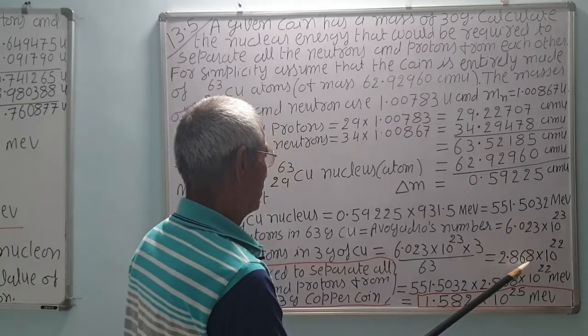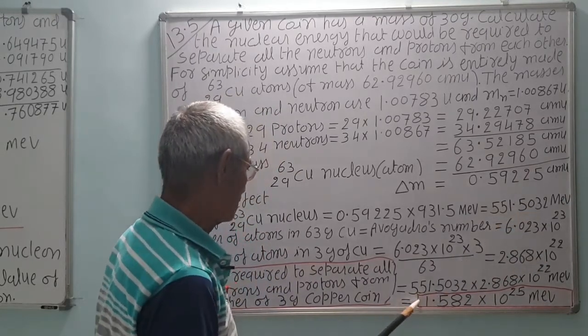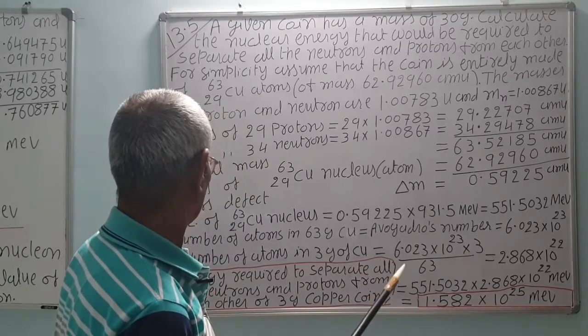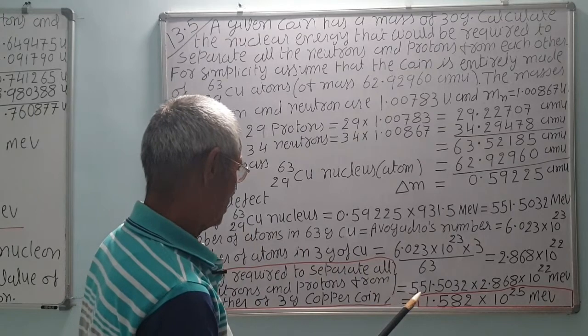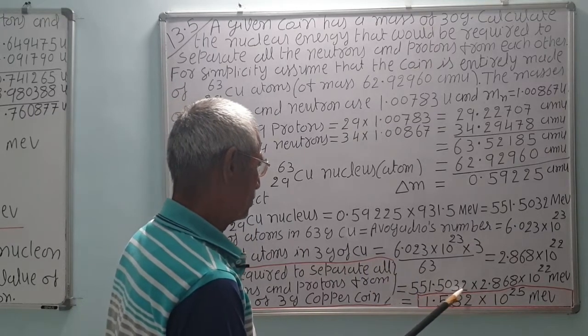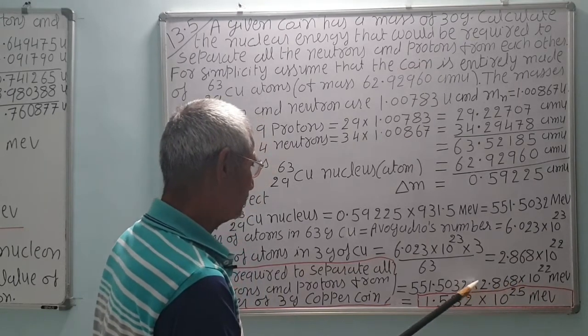These many atoms. So, for one atom binding energy is 551.5032, so multiply by this number of atoms.